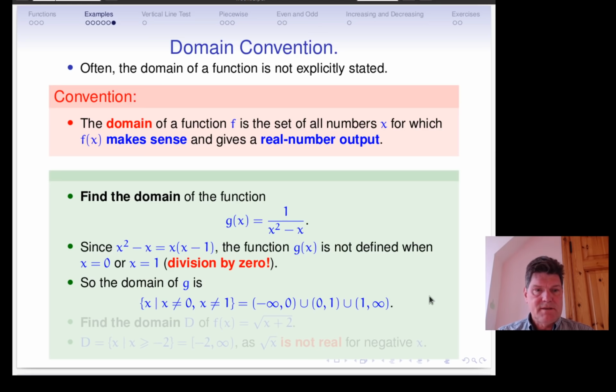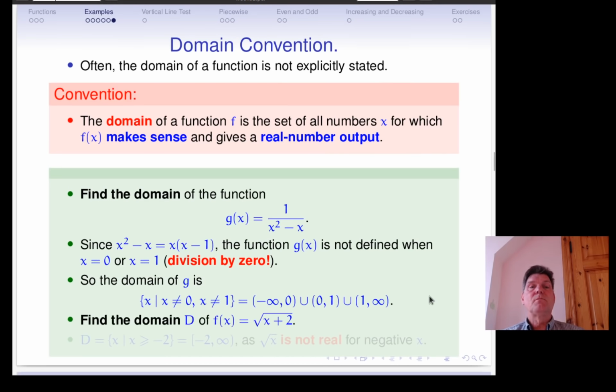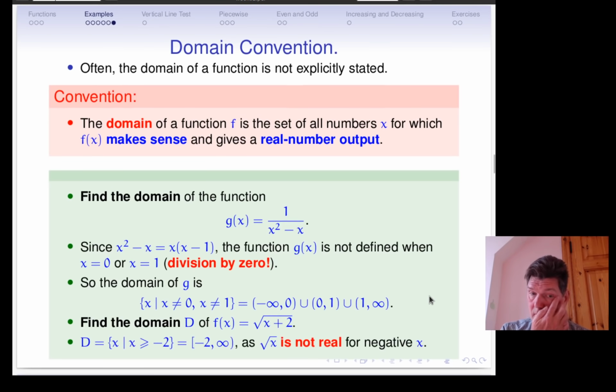The second example is concerned with the domain D of the function square root of x plus 2. Square roots are only real if you take the square root of a non-negative number. Square root of x is not a real number if x is negative.